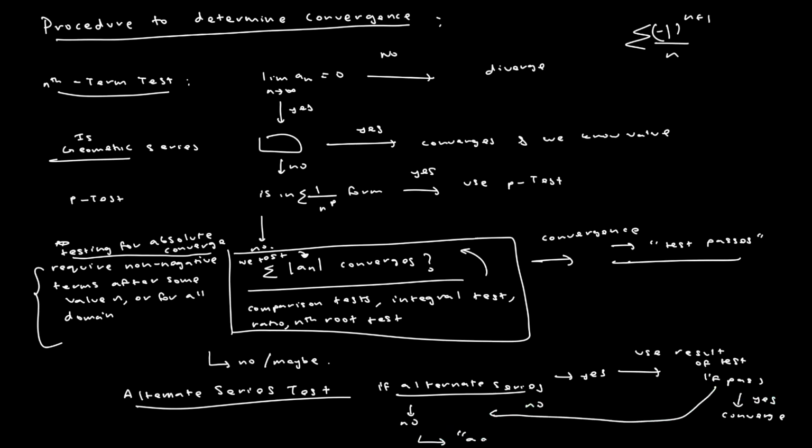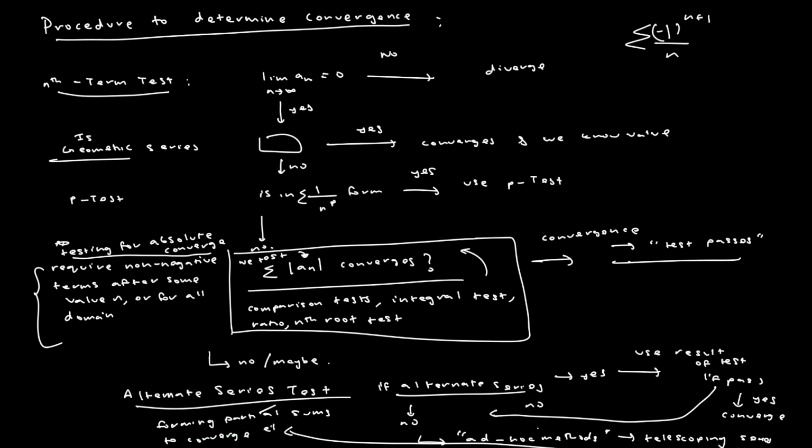At this point we're kind of out of options, so you try ad hoc methods, and these can include using a telescoping series, like finding out whether the series is a telescoping series, or forming partial sums to see whether they converge.